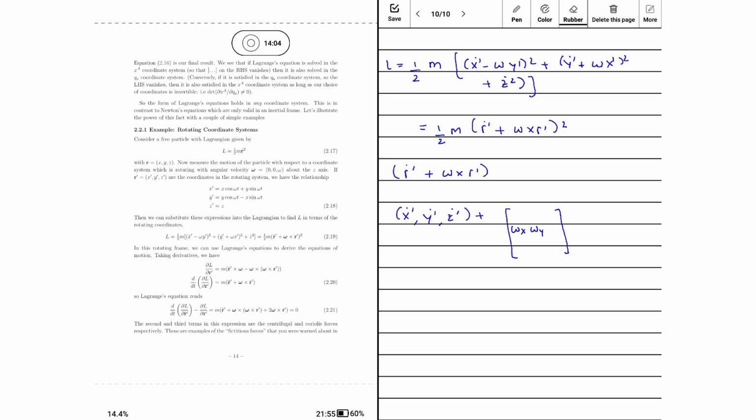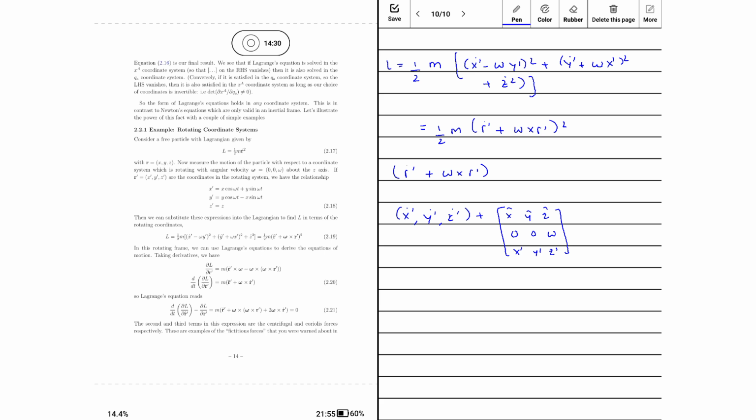Sorry, omega is simply 0 0 omega, right? 0 0 omega, x dash y dash z dash, x cap y cap z cap. If you simplify this term, it is an array. So they basically don't require that simplification because most of the terms are 0.